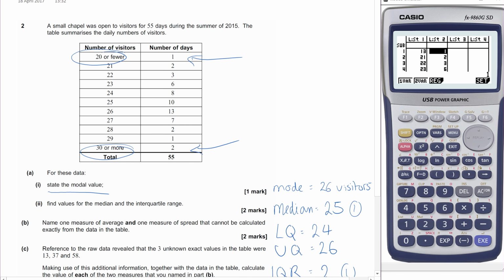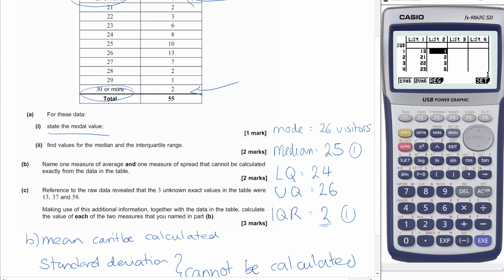And the two values bigger than 30 were actually 37, which occurs once, and 58, which occurs once. So I'm going to change the 30 here to 37, which occurs once, and to 58, which also occurs once.